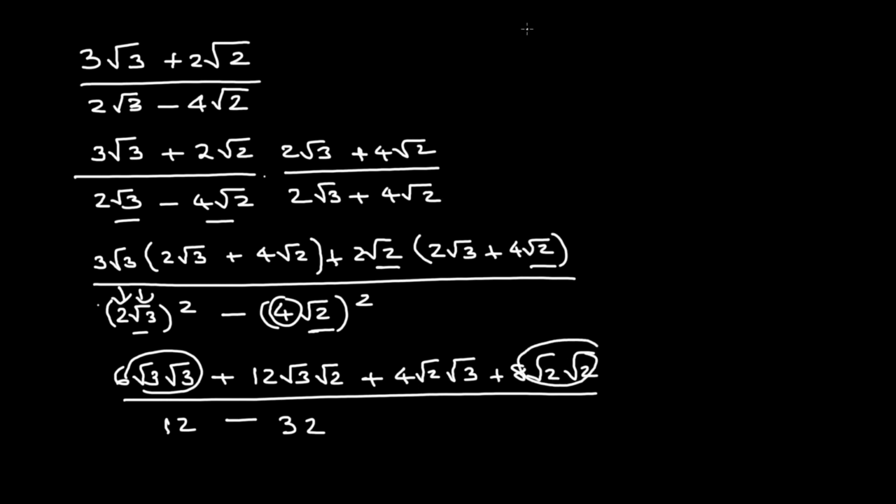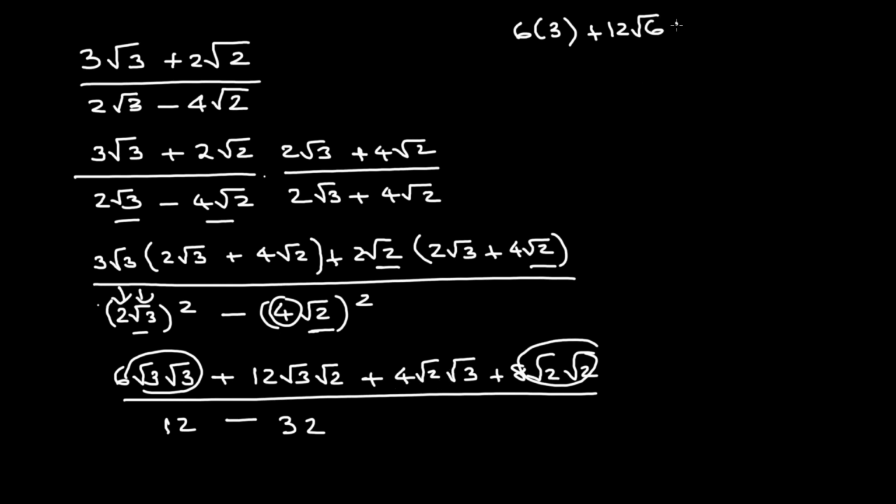So let me start from here. I'll have 6 and then I'll have 3 because this expands to 3. Then I'll go here and say 12. I'll combine these for now. So that's root 6. And then I'll combine these as well for now.